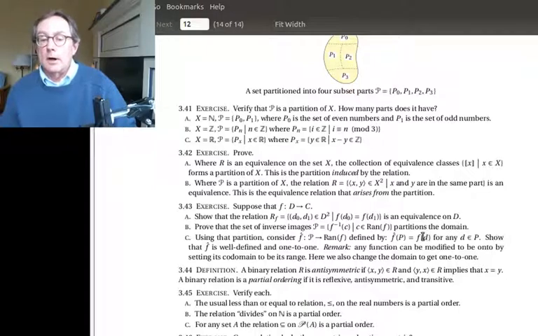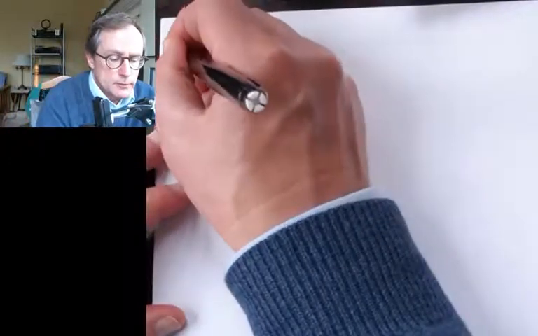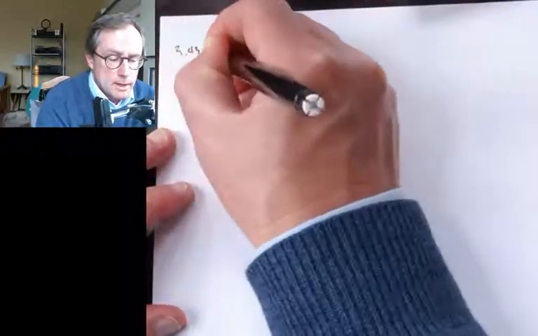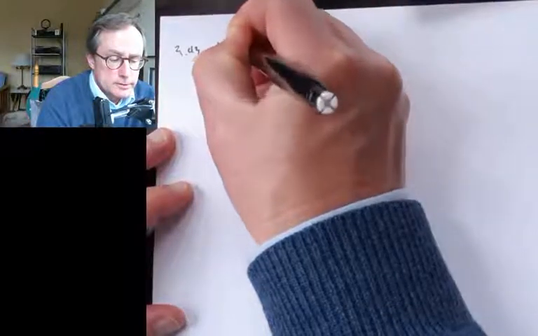I'm actually going to do here just an example. So I'm going to talk about this particular equivalence relation. This is 3.43, and it's a sketch of the three parts.